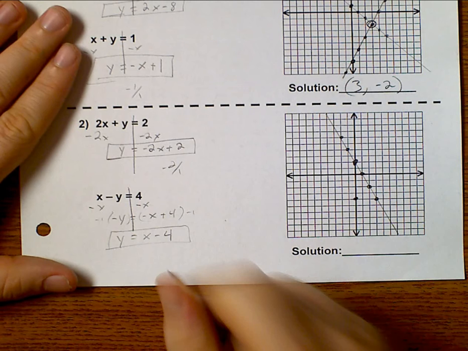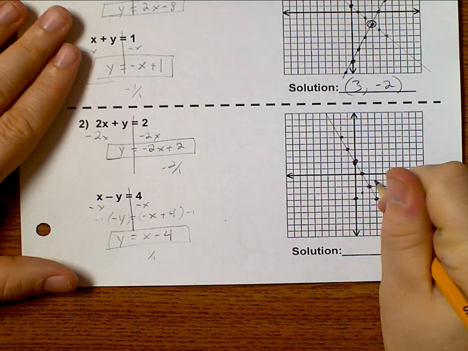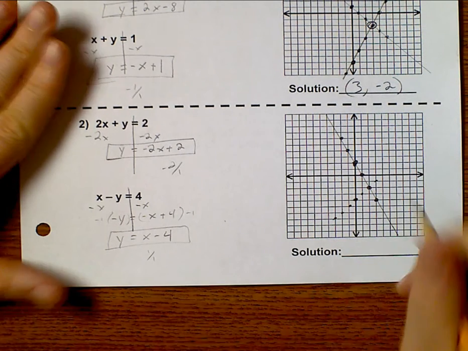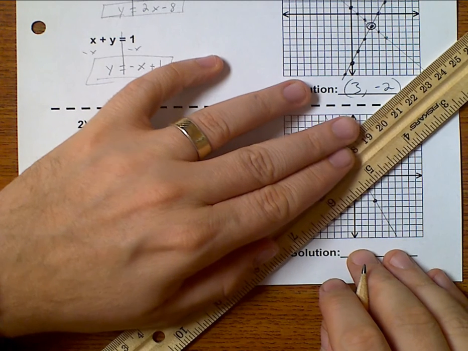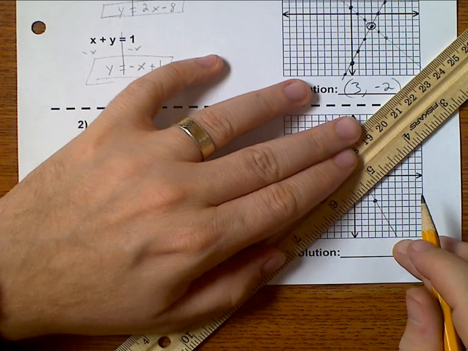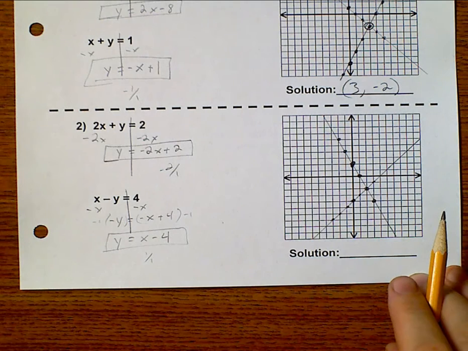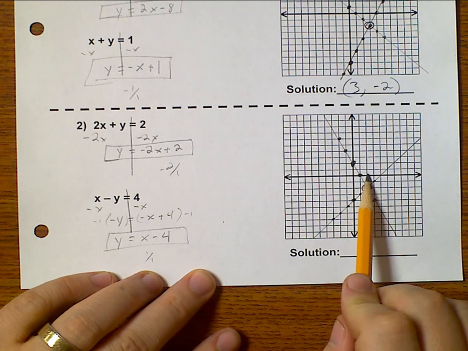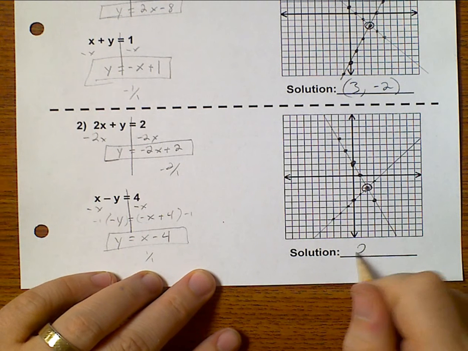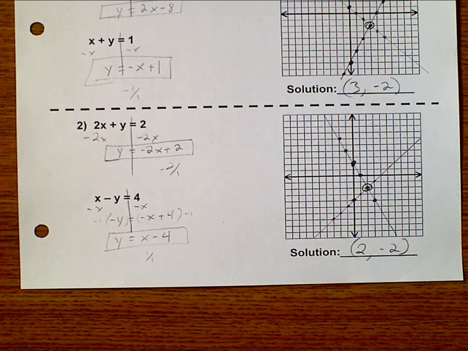I have a slope of 1 over 1 because there's nothing in front of that x. I go ahead and graph that line. Now I have two graphs. Here's my intersection at 2, negative 2. And that's the answer for number 2. Both of these examples have had a single solution.